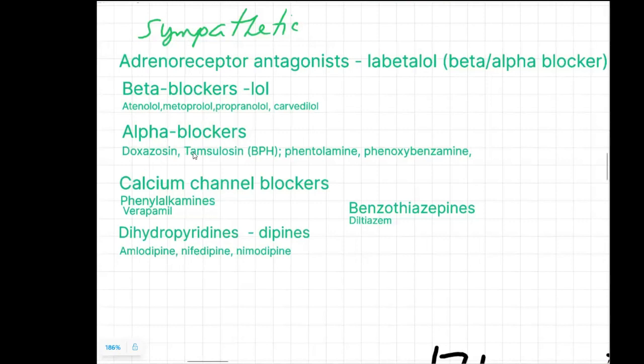Doxazosin and tamsulosin, your SINs, are drugs that are also used for benign prostatic hyperplasia. So they have 2 uses, 2 birds with 1 stone, wherein you can use them for patients who have BPH and also have hypertension.